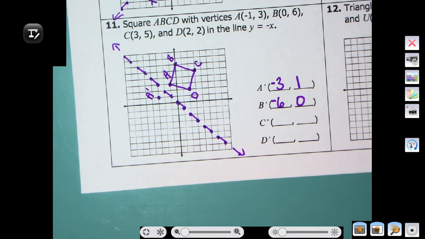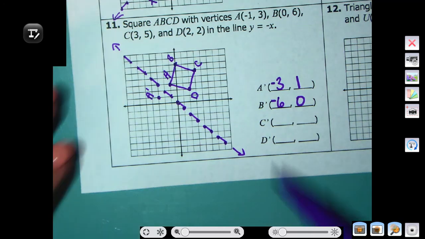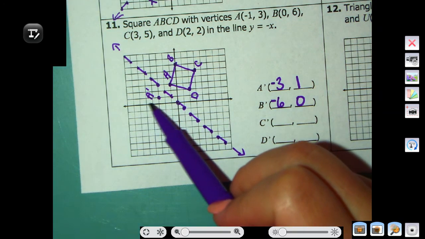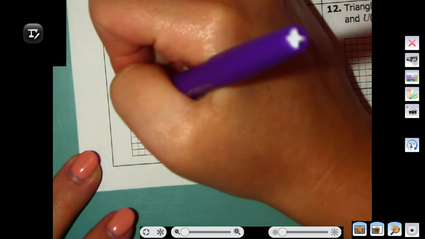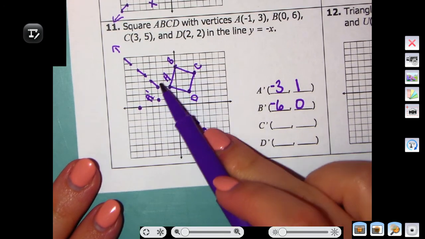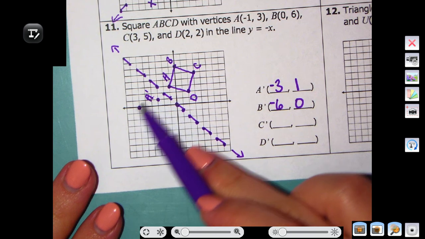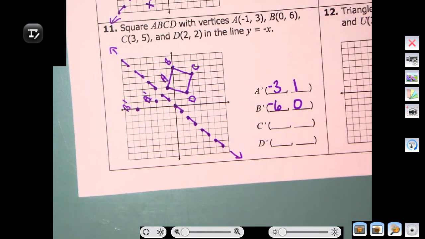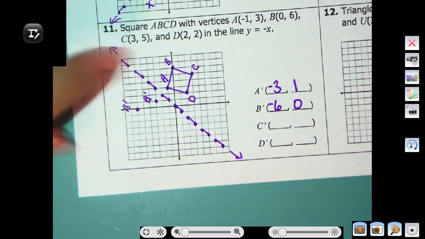Okay, so let's plot that point. So I've got negative 6. I'm going to go 1, 2, 3, 4, 5, 6, and then I'm going to go 0. So you can see these are equal distances from the line of reflection, and that's B prime. So let's try it with C. I'm going to flip them.